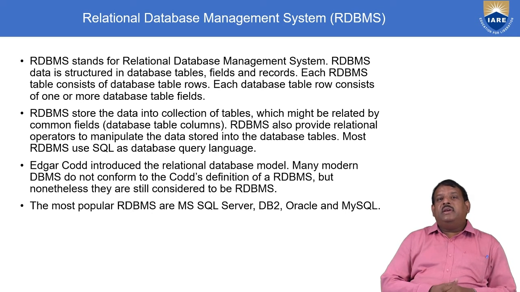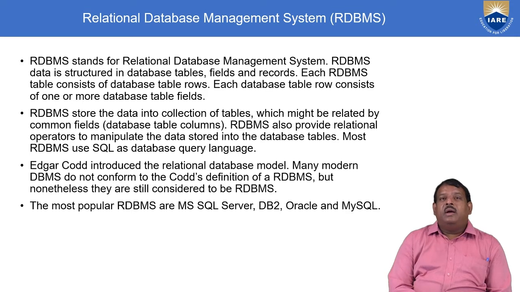Now we'll see about the relational database management system. RDBMS means relational database management system. In an RDBMS, data is structured in database tables, fields, and records. Each RDBMS table consists of database table rows, and each database table contains one or more database fields.